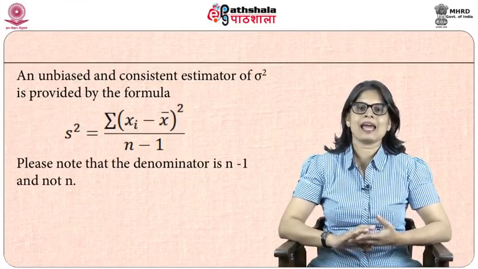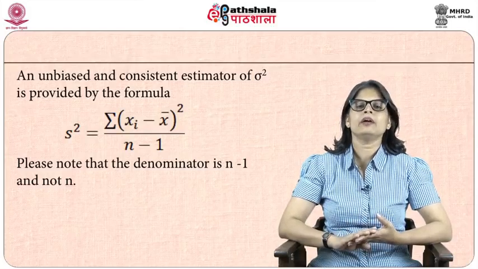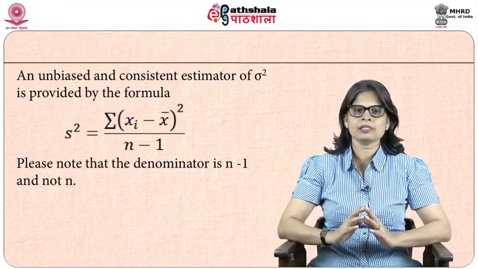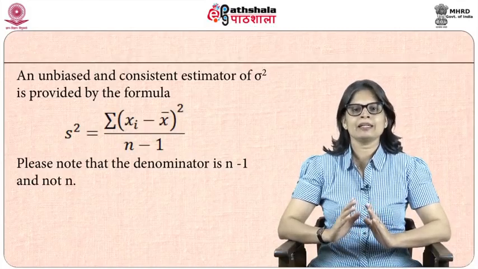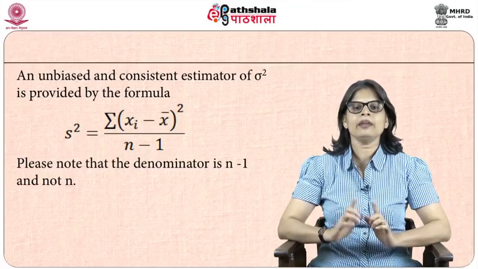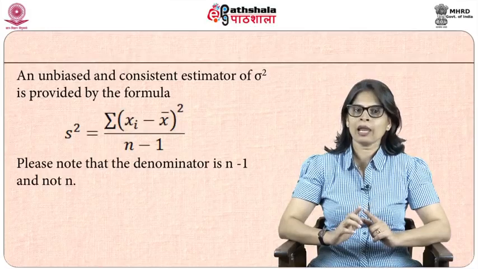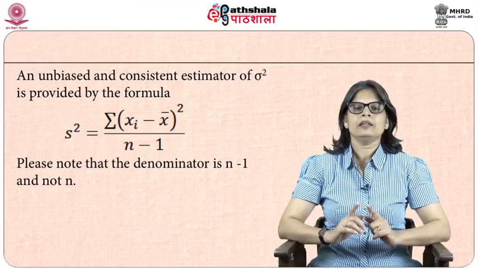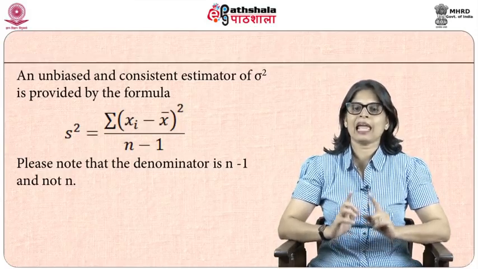An unbiased and a consistent estimator of sigma square is provided by the formula S square, that is the sample variance given by summation (xi minus x bar) whole square divided by small n minus 1. Remember, here small n denotes the sample size. Also note that the denominator here is n minus 1 and not n itself.